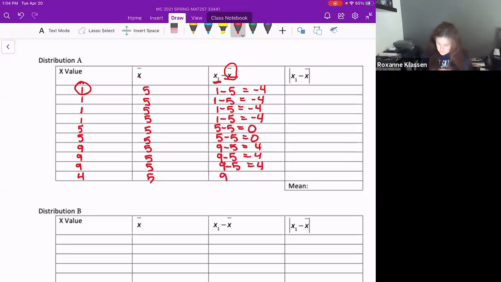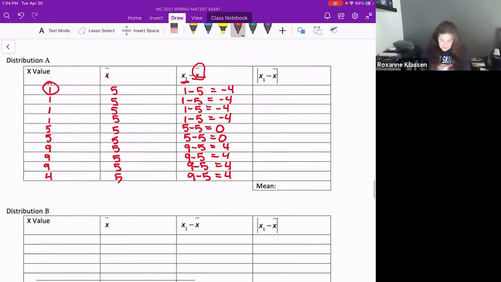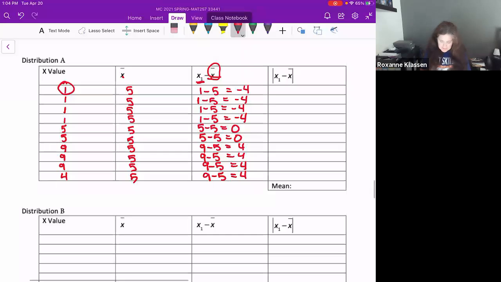I'm going to pause right there for a minute and make sure everybody understands what I did. I know I went really fast, but I've done this a lot of times. So how come we're subtracting 5 from all of them? Because our formula says take each data value and subtract the mean. And remember, our mean in this data set was 5.